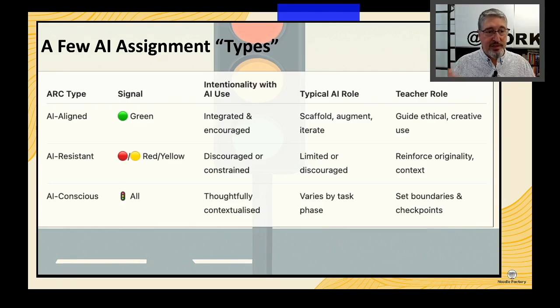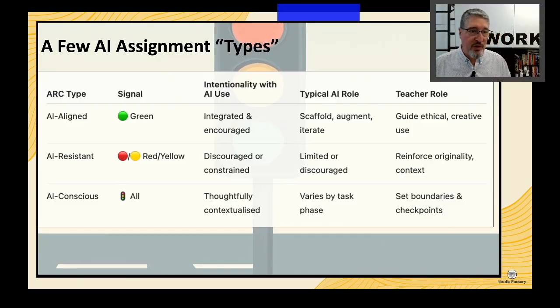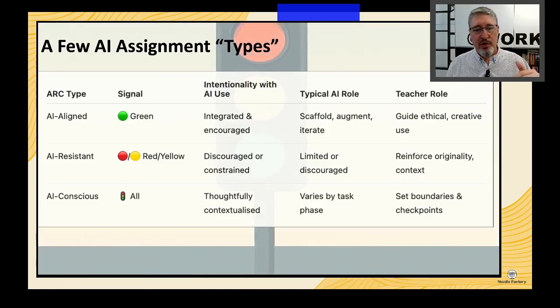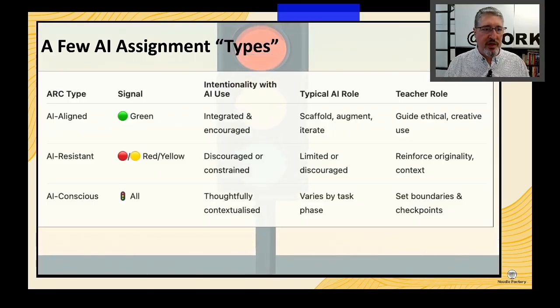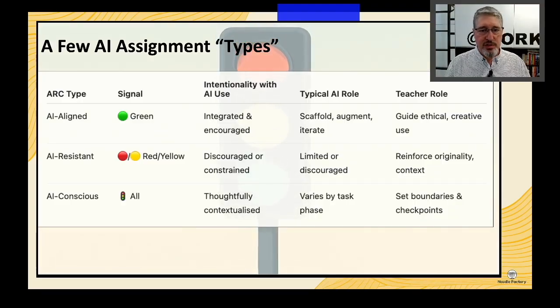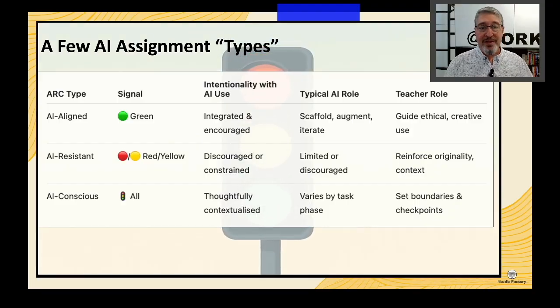AI, in this sense, is very integrated into everything that we're doing, and the use of AI is very much encouraged. So the AI role here is to scaffold the learning, to augment the learning, to iterate the learning in different ways. And my role in guiding students is to show how to properly use AI, the ethical approaches towards using AI. However, I'm not going to limit the use of AI in any way.